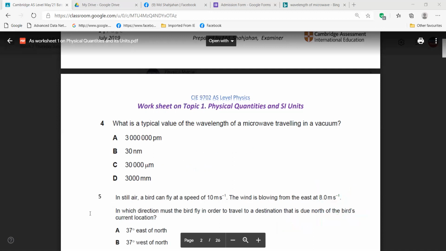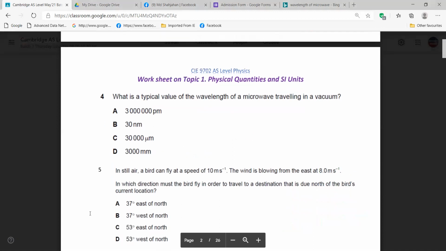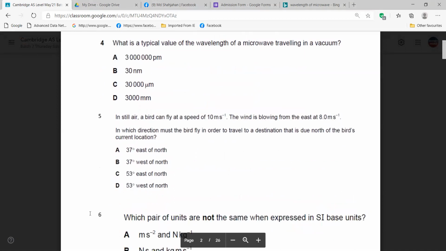Now we are going with 5. Can you read the question 5? Yes, sir. In still air, a bird can fly at a speed of 10 meter per second. The wind is blowing from the east at 8 meter per second.